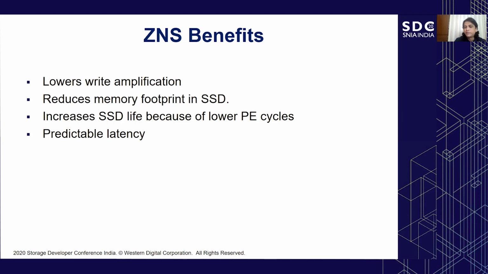And predictable latency. By predictable latency, what I mean is that when device GC kicks in, a lot of things are happening. Data is getting copied from one place to another, and some erase blocks are getting erased, the writes are happening, the erases are happening, and while these things are happening, the other requests, read requests or other write requests get delayed. So their latency increases.